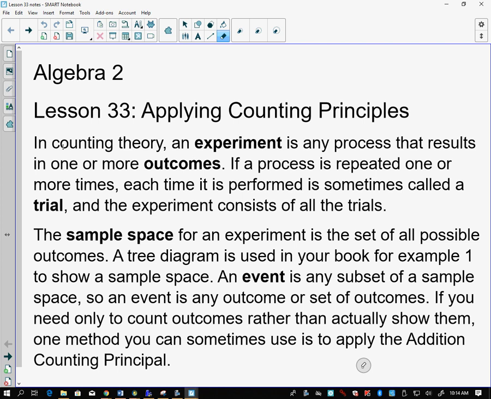We would use a tree diagram, which you see in your book, for example number 1, to show a sample space. Every time I try it again, I'm getting an option for heads or tails. That changes based upon what we're doing. A deck of cards is different than flipping a coin.